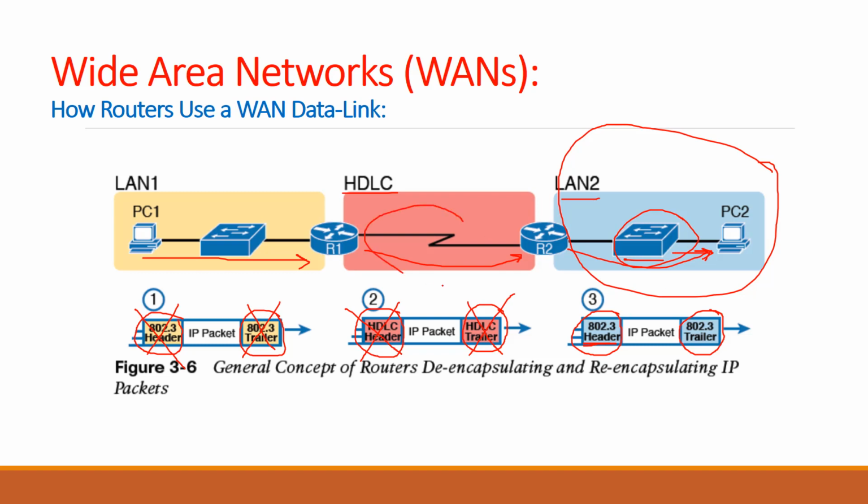But here, to deliver the packet successfully, we use another data link layer 2 protocol. That's why routers keep de-encapsulating the Ethernet header and trailer and re-encapsulating a new header and trailer to deliver the bits successfully either over the LAN or the WAN.